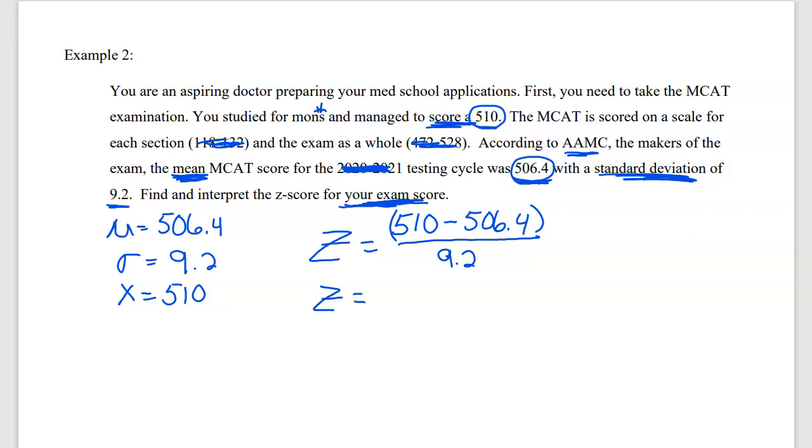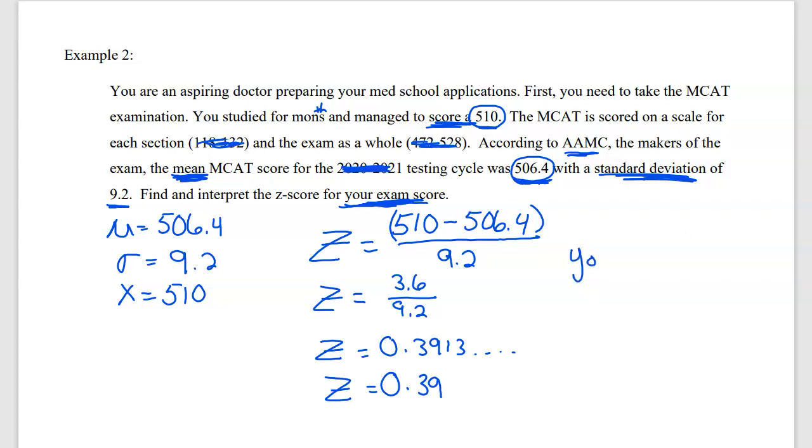Or you can do this individually. 510 minus 506.4 would give you a 3.6 divided by 9.2. So that would give you a 0.3913 and continuing. So if I round that to 2 decimal places, that's going to be a 0.39.